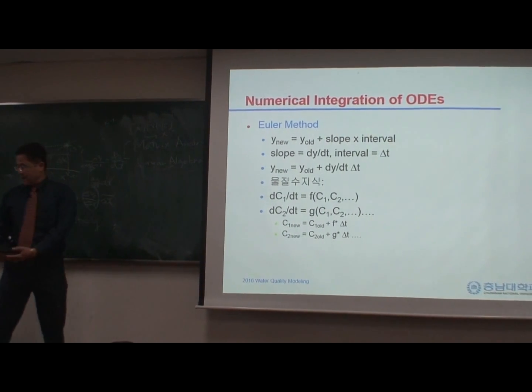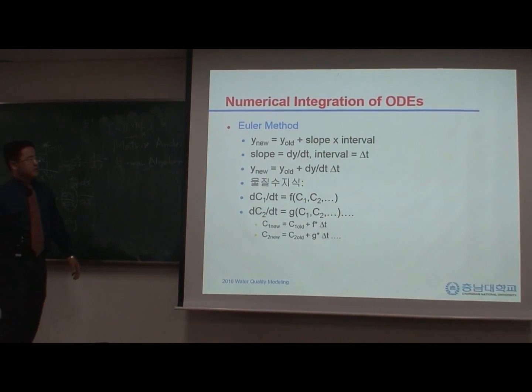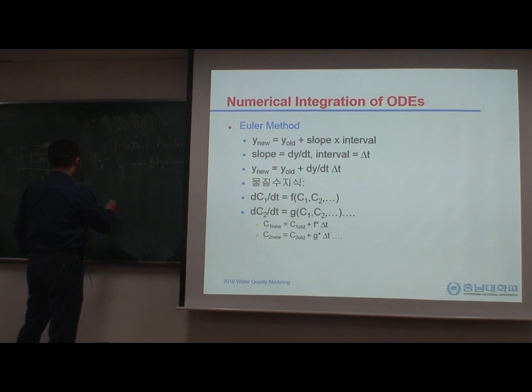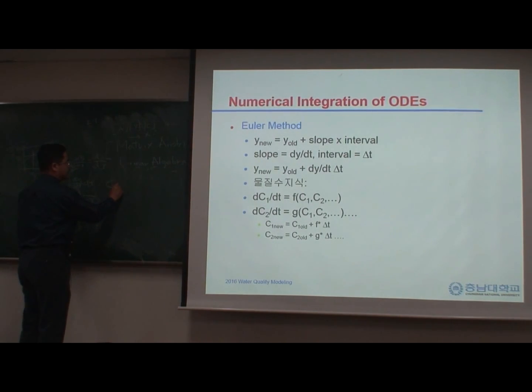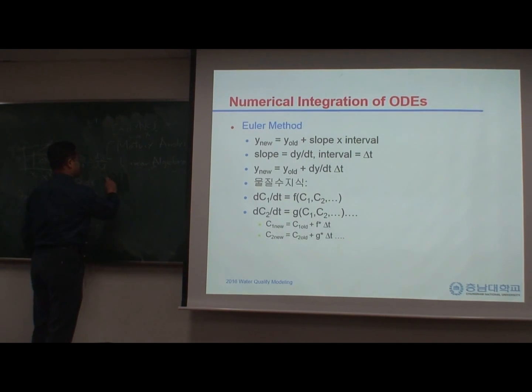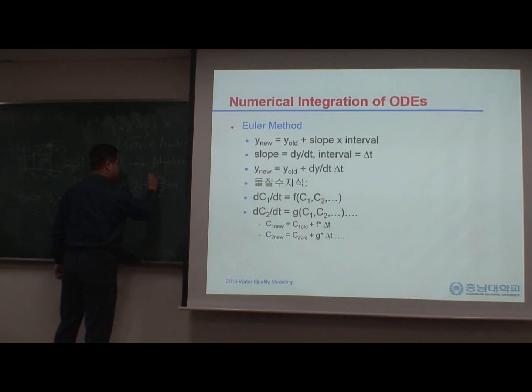One of the best known methods to calculate your Ci plus 1, let me say y i plus 1, is y i plus delta y over delta x times delta x. This one is new, this is old or previous, this one is the slope, and this one is the interval.